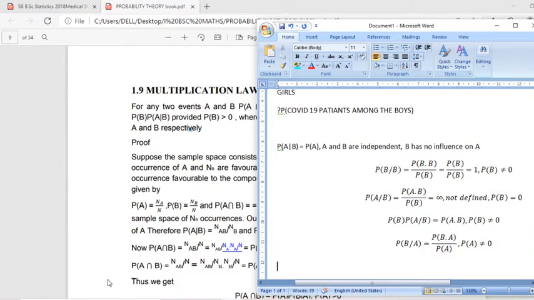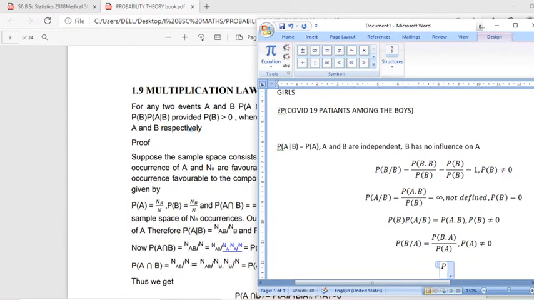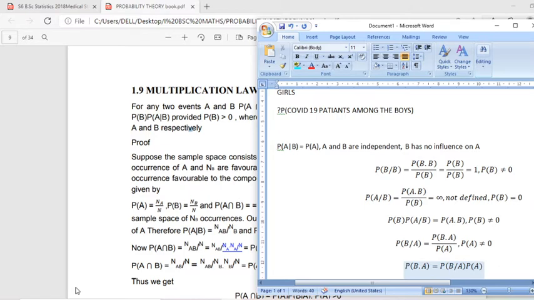So when we rearrange this function, you can see that this is nothing but probability of B intersection A equal to probability of B given A into probability of A. Okay, so I think it is clear for you.